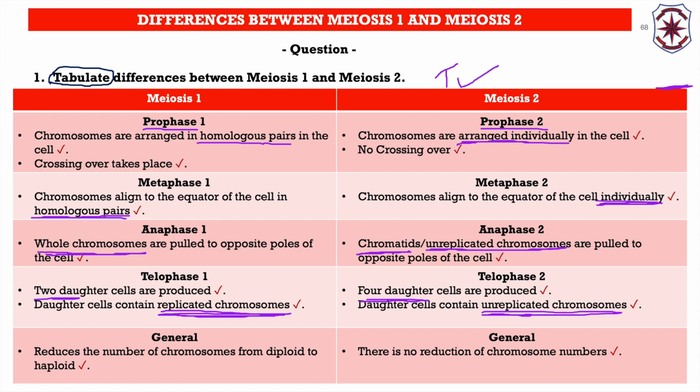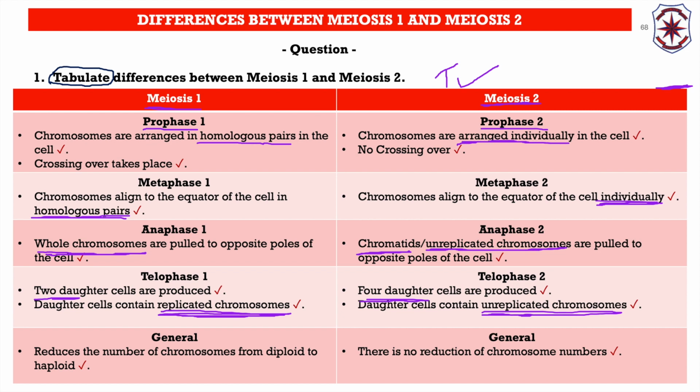This T is for drawing the table. But drawing the table alone would not qualify you for this 1 mark. The headings of the columns of your table are the ones that give you 1 mark.